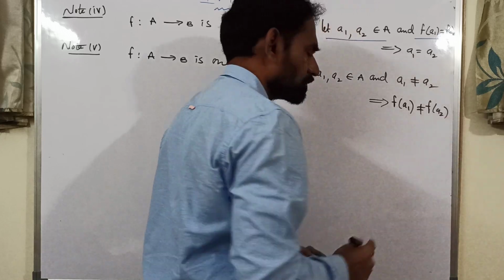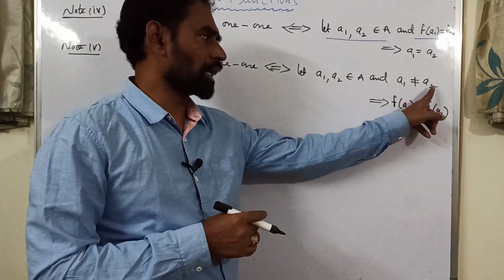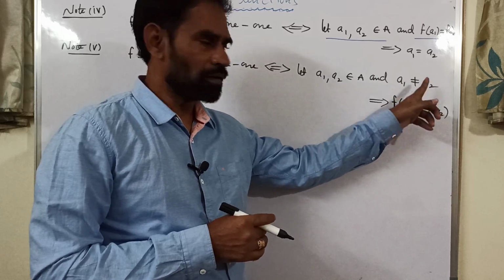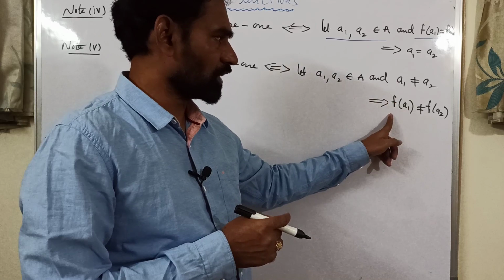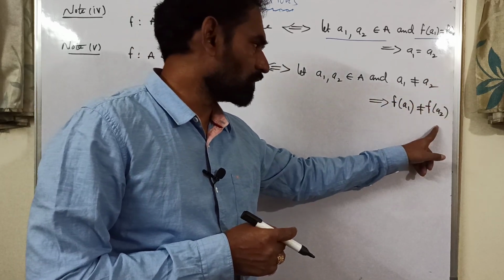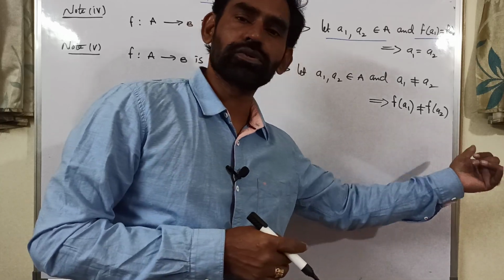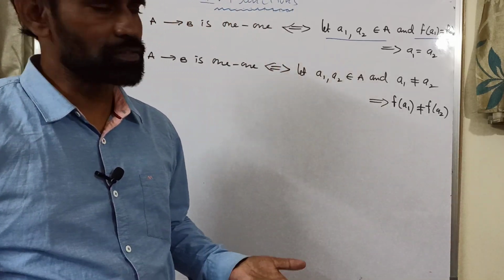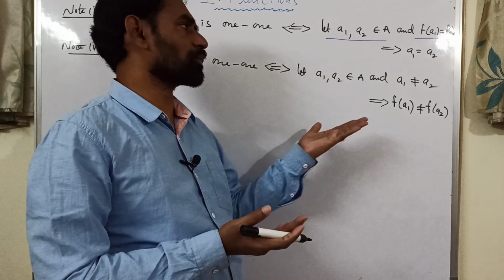According to the definition, different elements A1, A2 have different images also. Image of A1 is f of A1. Image of A2 is f of A2. Elements are not the same, images also not the same. That means f is a one-one function. Anyway we can prove it.